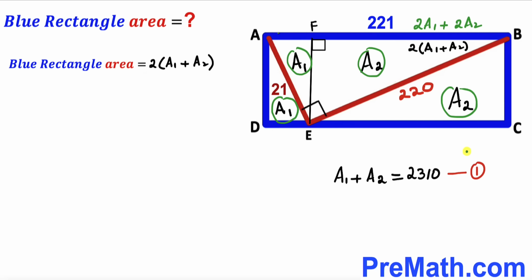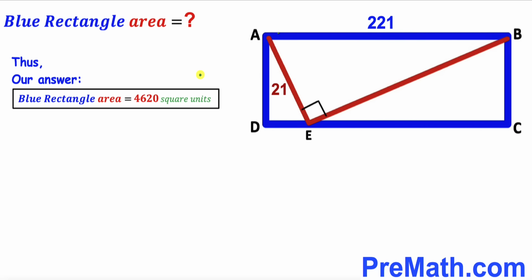From equation 1 we know that A sub 1 plus A sub 2 is 2310, so we substitute that value: 2 times 2310. If we multiply, that gives us 4620 square units, the area of this blue rectangle.